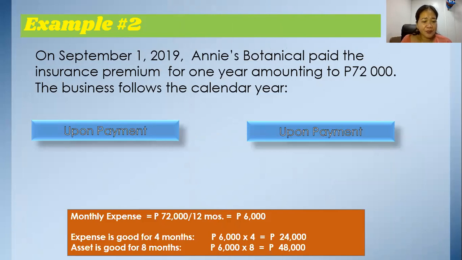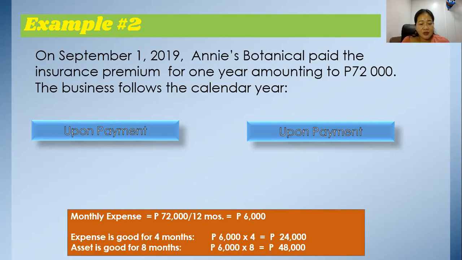Example number 2. On September 1, 2019, Anis Botanical paid the insurance premium for 1 year amounting to 72,000. The business follows the calendar year. So again, first we need to know how much our insurance expense is monthly. Monthly expense is 72,000 divided by 12 months, so you have 6,000 per month.